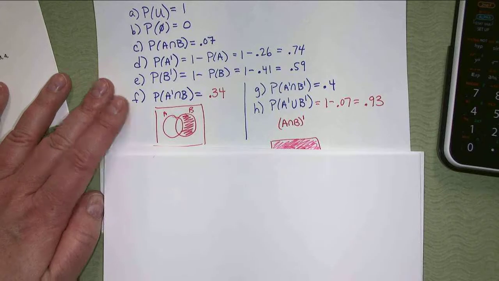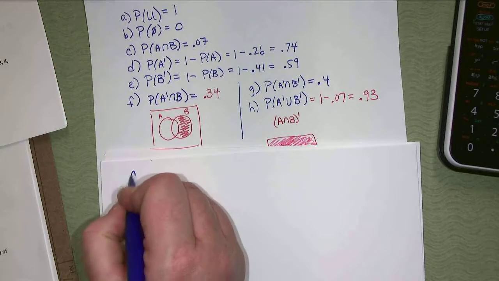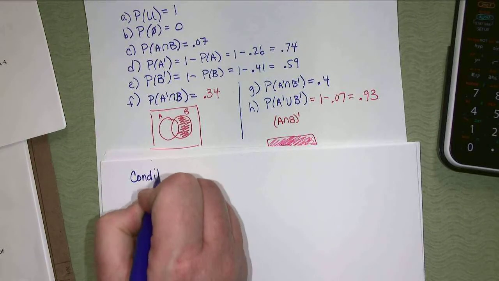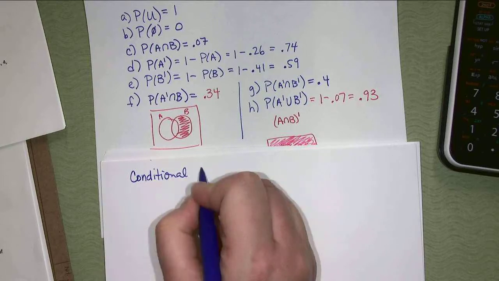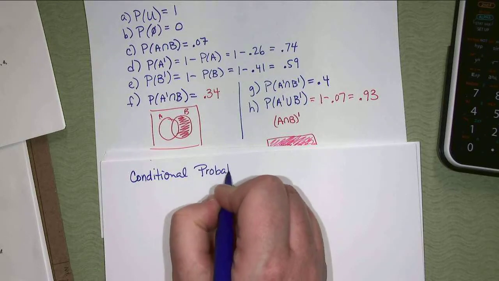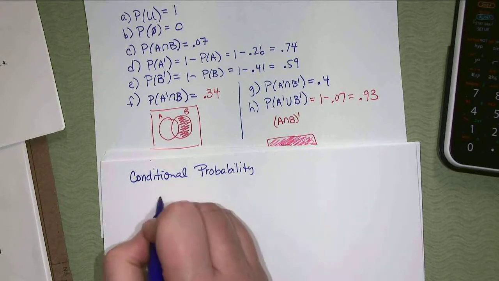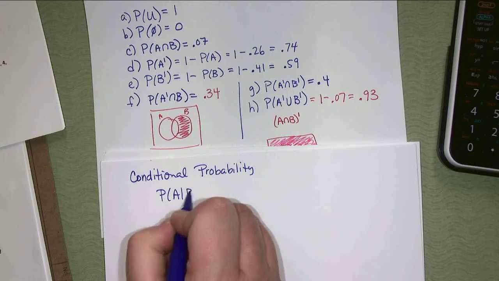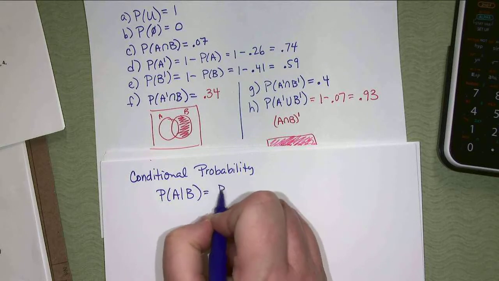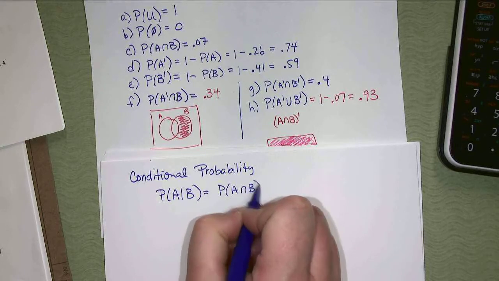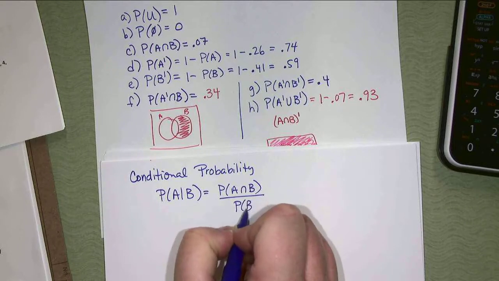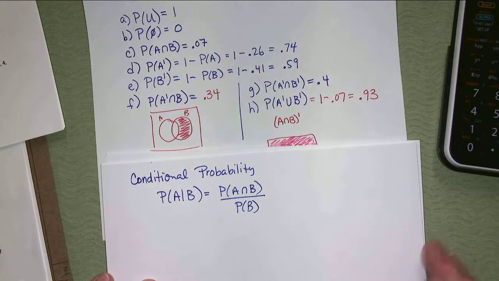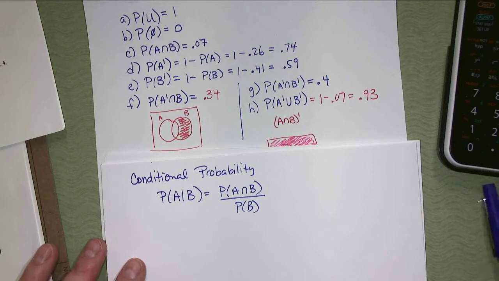Okay. So the next ones use the conditional probability formula, which was the probability of A given B is the probability of A intersection B over the probability of B. So you do need to remember that formula. There's not very many.